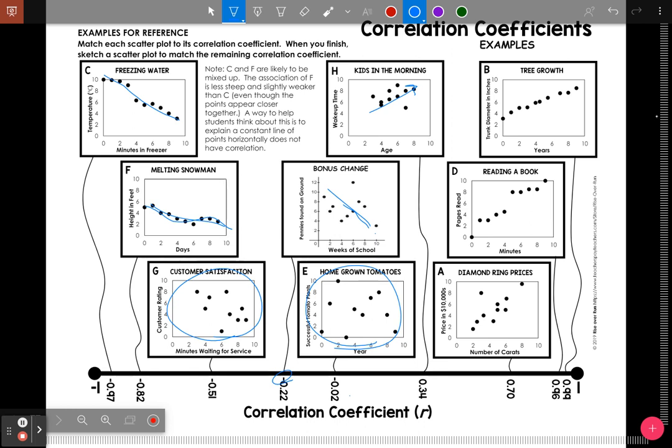Then we've got 0.70. That's this one. We've got an outlier. That's what that one would be called, off the grid, causing it to not be close to perfect. Then we got this one, and then this one is exactly perfect.